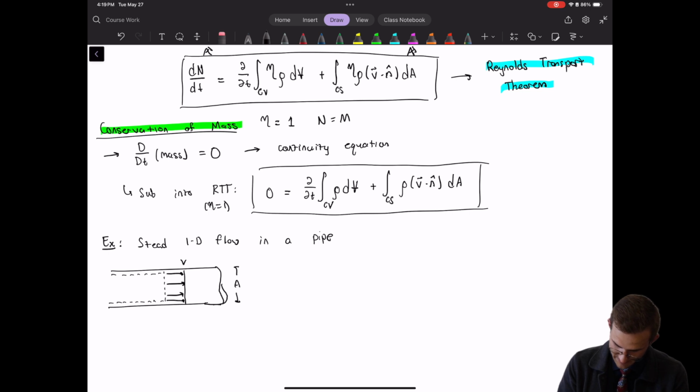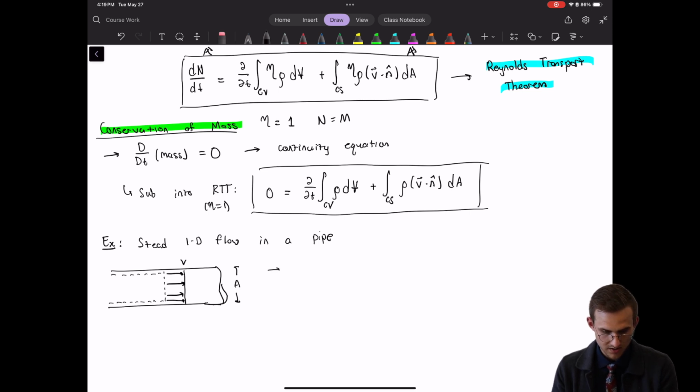Okay, so the flow is steady, right? So now let's use this continuity equation for the control volume that we just derived, and we have 0 on the left-hand side. The partial with respect to t of rho dV, this term goes straight to 0 because it's steady.